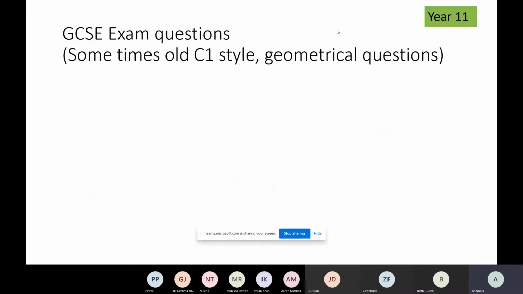So then comes year 11, and this is, I suppose, the happy stage if it's all gone to plan up till now, and you're able just to look at exam style questions, and perhaps some of the more geometry style ones. You're able to go back for students who have missed bits or not understood bits, and support them and try and get them up to scratch.